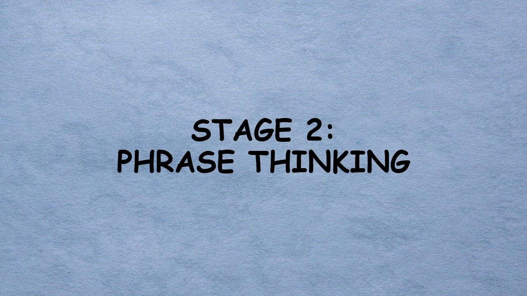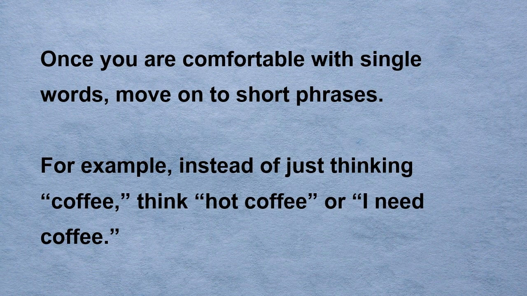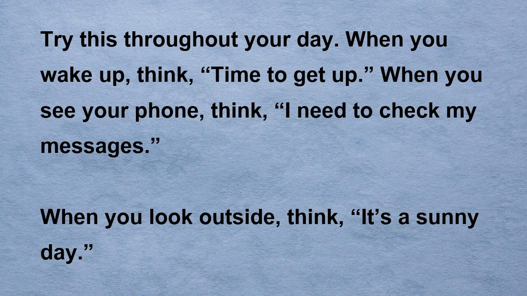Stage 2, phrase thinking. Once you are comfortable with single words, move on to short phrases. For example, instead of just thinking coffee, think hot coffee or I need coffee. Try this throughout your day. When you wake up, think time to get up. When you see your phone, think I need to check my messages.